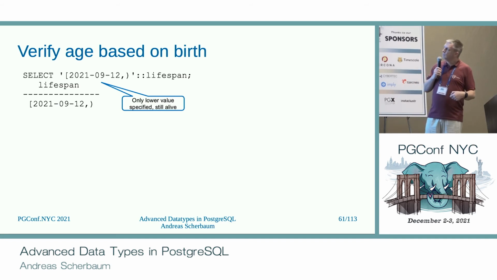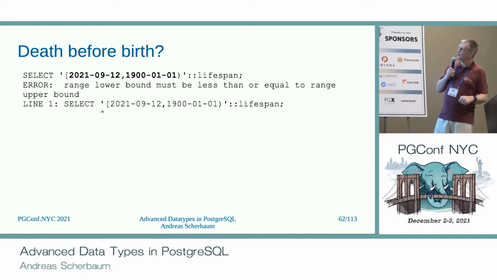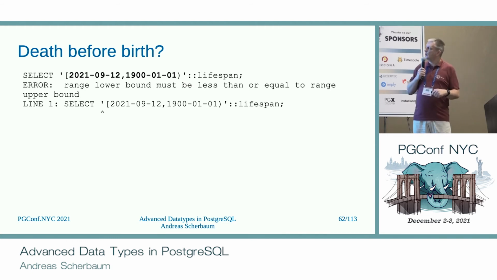So I'm using this. Okay. I insert one value just with a birth date or first value in my date range, and you see it's working because this person is still alive. There's no second date set. This works. I'm using it to set a birth date of 2021 and a death date of 1900. And it's bailing out because it's not in a range.